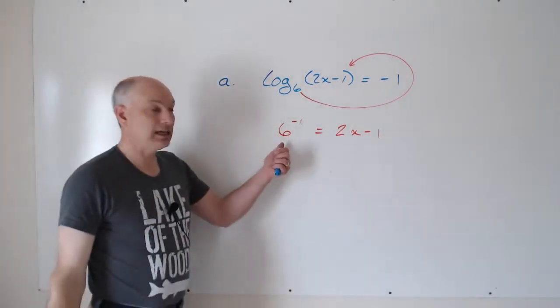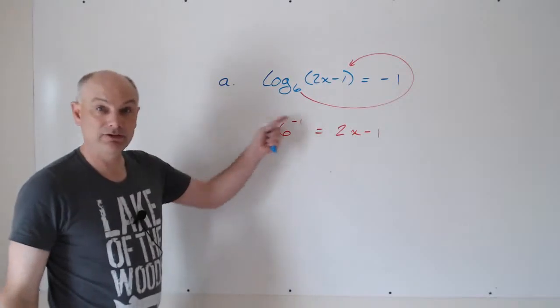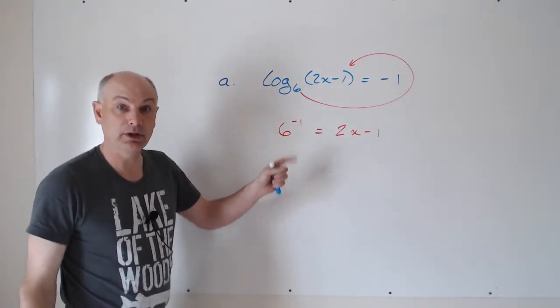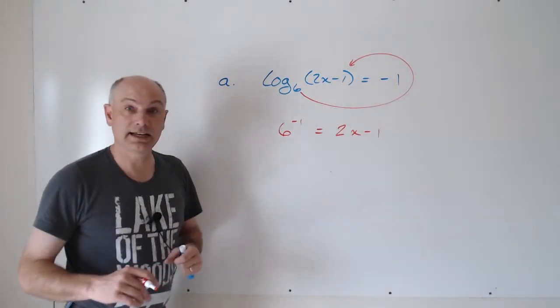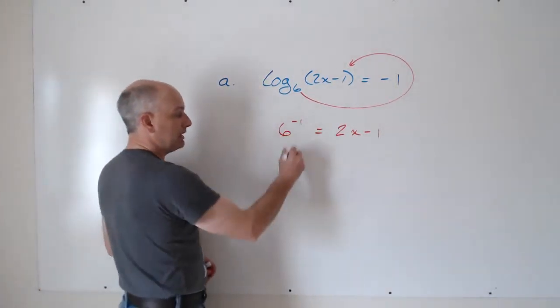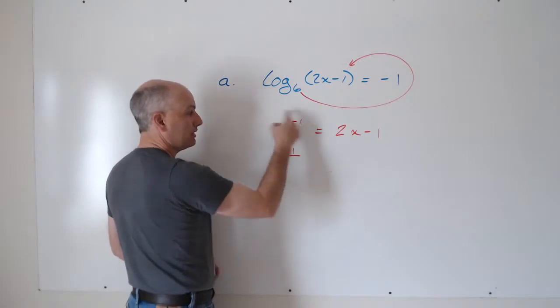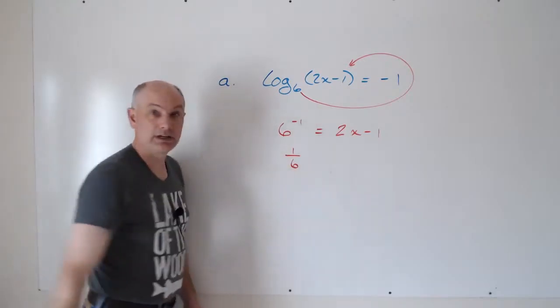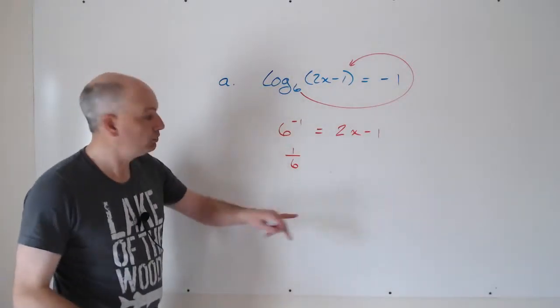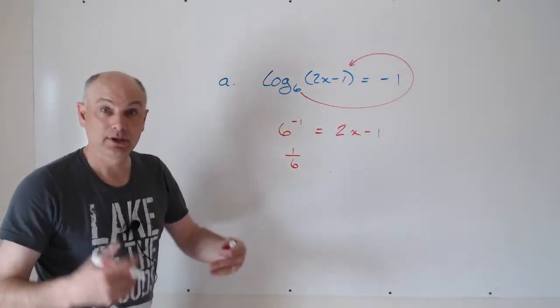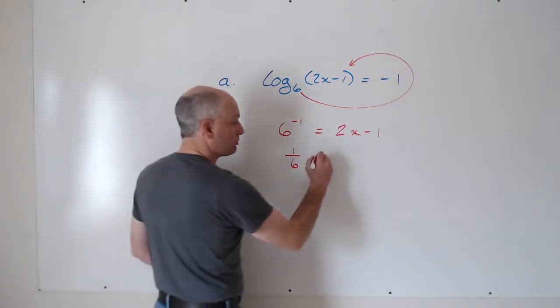Now, I do need to keep in mind here that I'm going to have to work with positive and negative exponents, but that's okay. You've seen how that works. 6 to the negative first power, we can eliminate that because we know that the negative first power brings that base down to the denominator as a positive power. Now, if this was a negative 2, then it'd be 6 squared. Well, here we just got a negative 1, so we'll just write it as the 1/6.